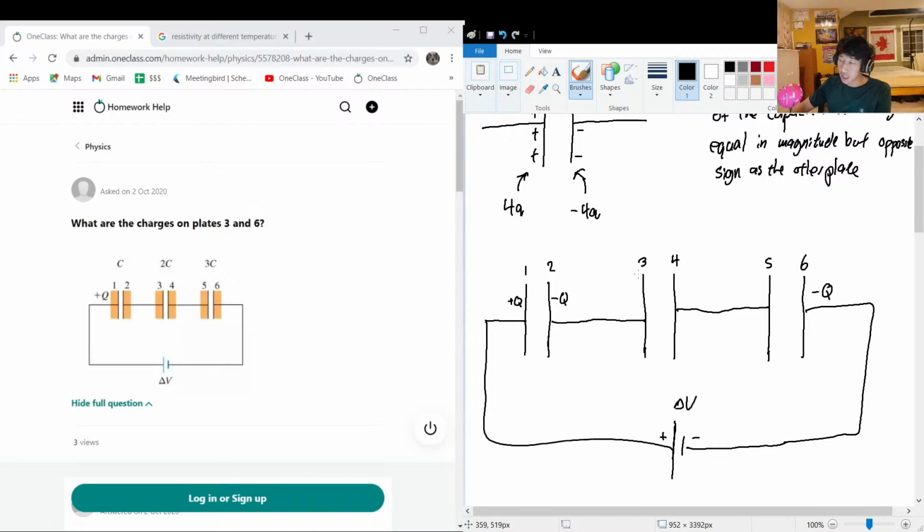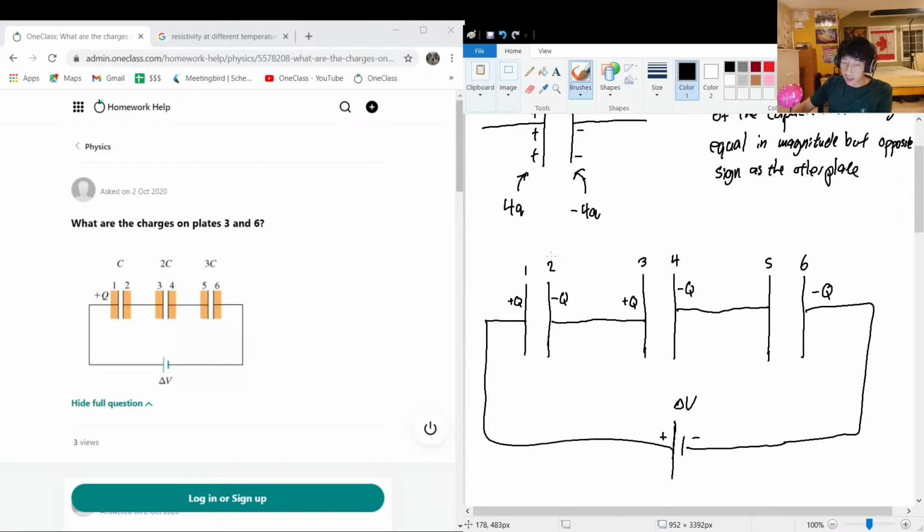That means there's a lack of electrons on plate 3, which means we're going to have a positive Q on plate 3. And because of that, we will have an overall net zero charge in the 2-3 area. The charge opposite to the plus is always the same but negative, so we're going to have negative Q on 2.